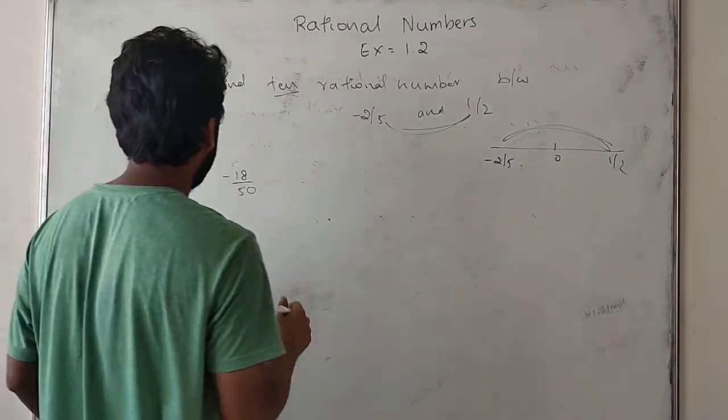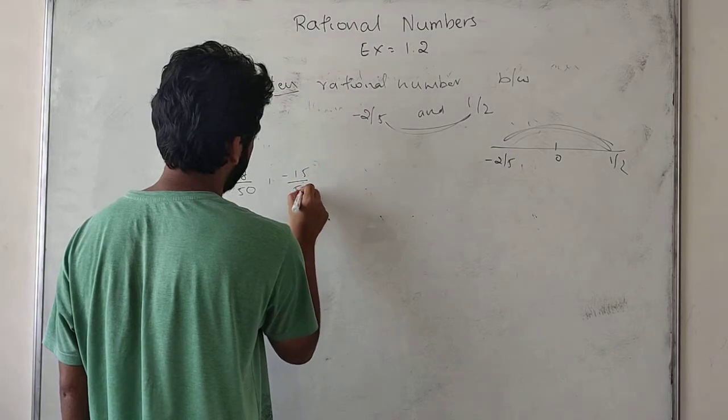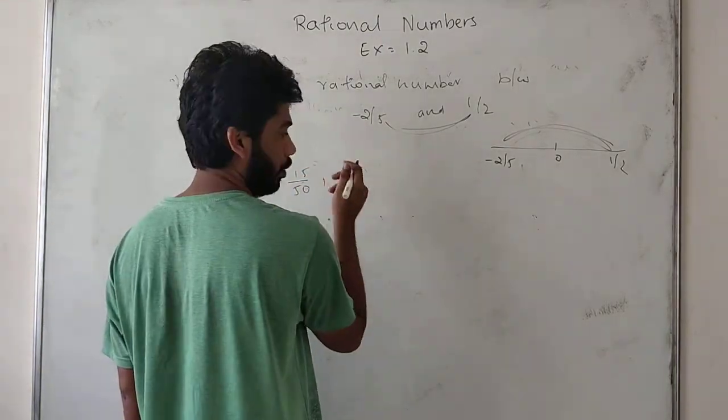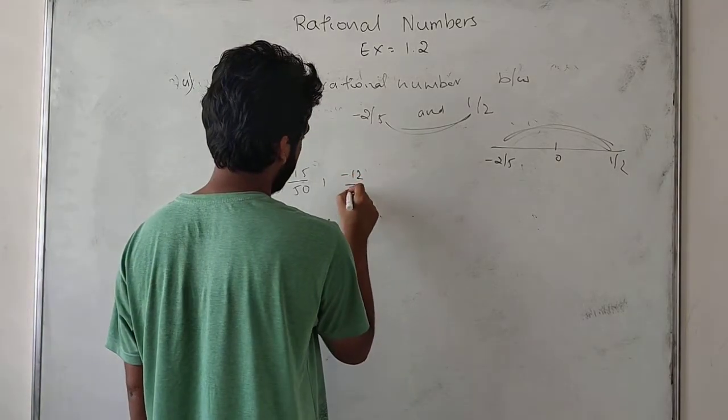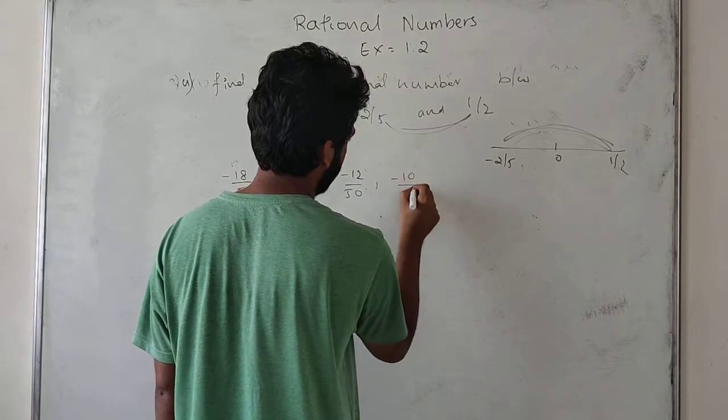Now we will take the next number as minus 15 by 50, second number. We can continue this type and write. So minus 12 by 15, any numbers we can take, minus 10 by 50.